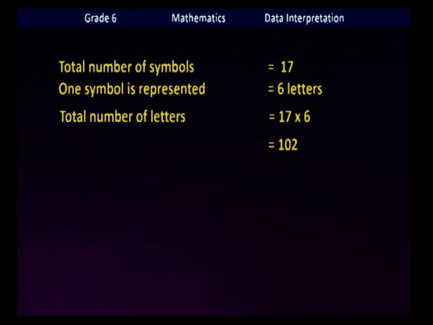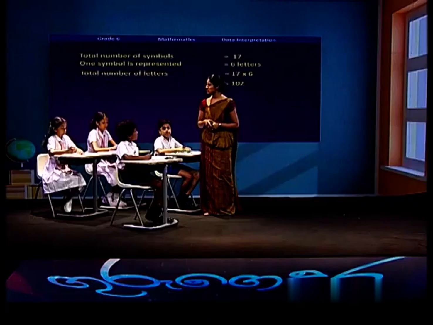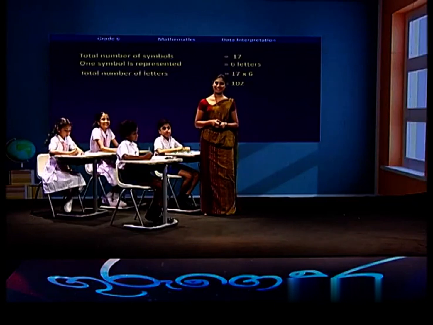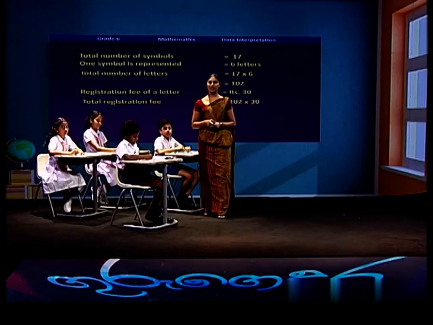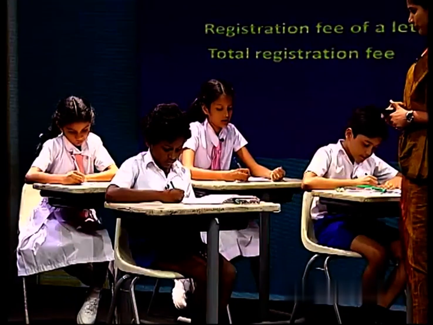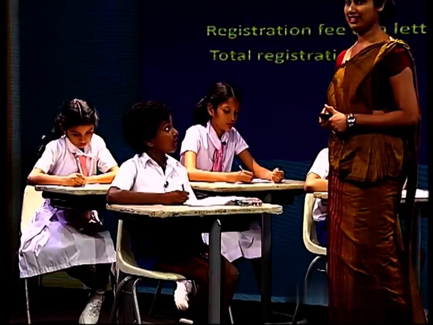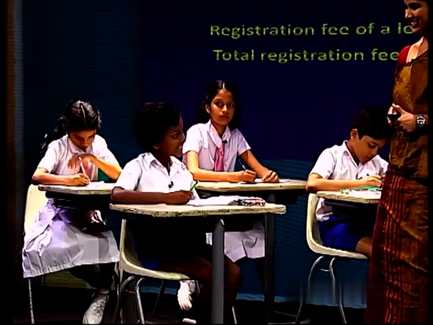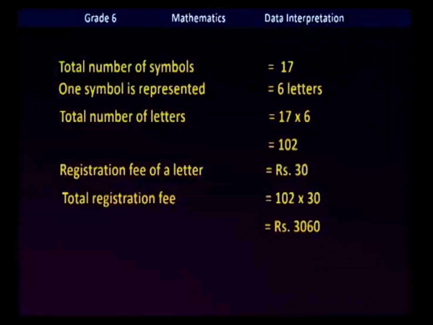We have to find the income. To get the income, we should multiply this by the registration cost. What is the registration cost? 30 rupees. Then 102, we have to multiply it by 30 now. Just multiply to get the answer. 3060. Have you got that? 3060 is the answer.